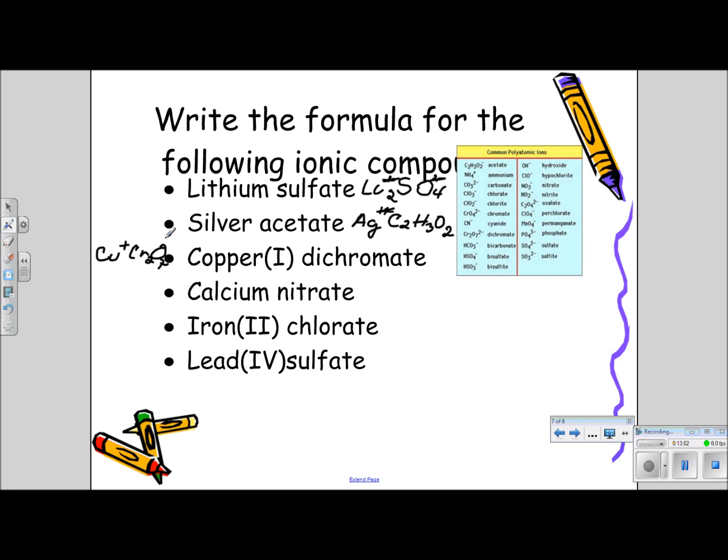All right, we're going to do the same as we've done before. Crisscross, crisscross, and the 2 comes down here. My final answer is then Cu2 Cr2O7.